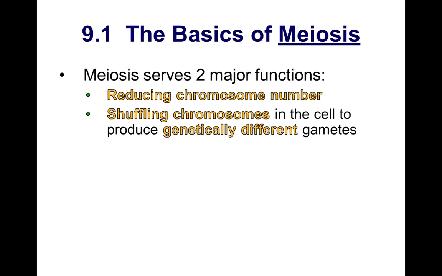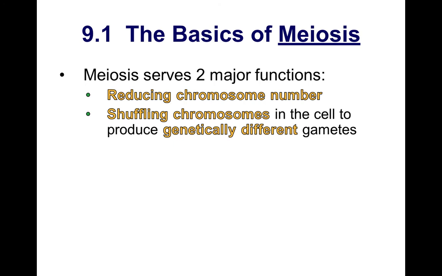Remember, mitosis, our normal cell division, doesn't have to do this. So we'll find out in this chapter that meiosis will be a little bit more complicated than mitosis was. In this chapter, we will study the mechanisms that allow us to meet these two goals. It'll be fun.